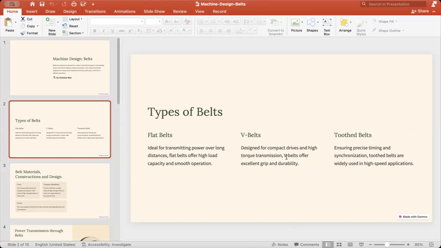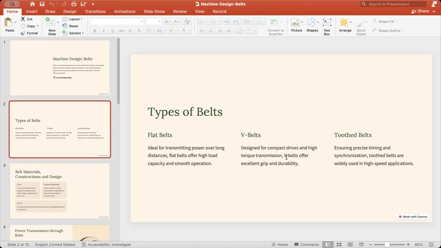Flat belts are ideal for long distances and high load capacity operation. V belts are for high torque transmission and good for grip and durability. And tooth belts are for high speed applications.